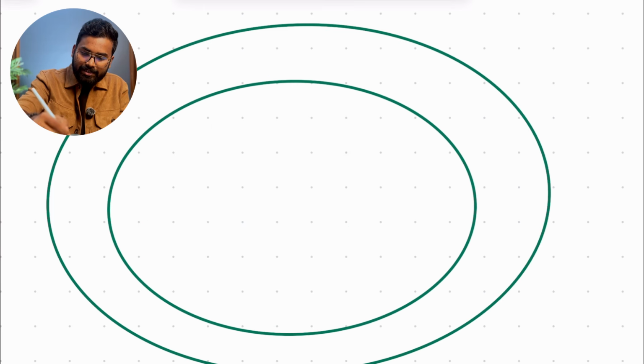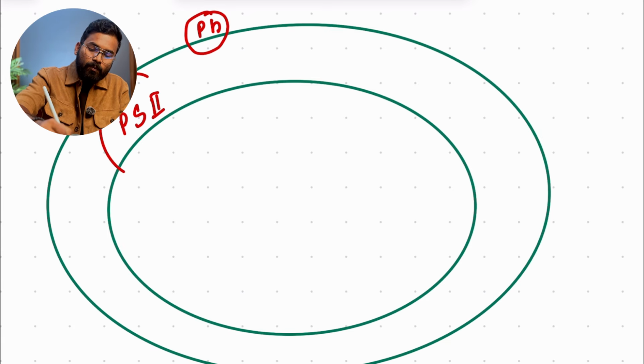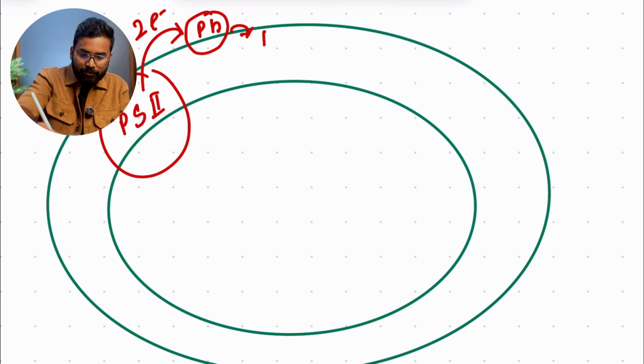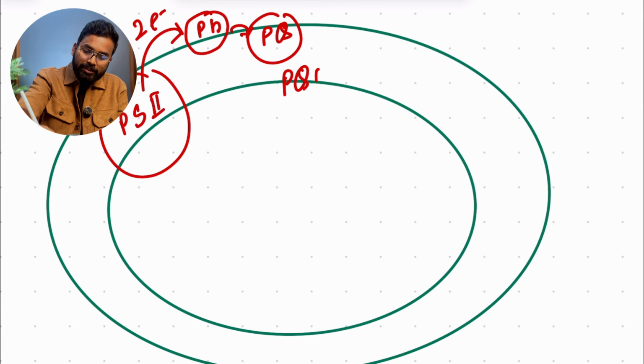The first electron acceptor here is pheophytin. The excited electron from PS2 moves to pheophytin. From pheophytin, we know it moves to PQ, that is plastoquinone. From PQ, it moves to PQH2 by receiving 2H plus.